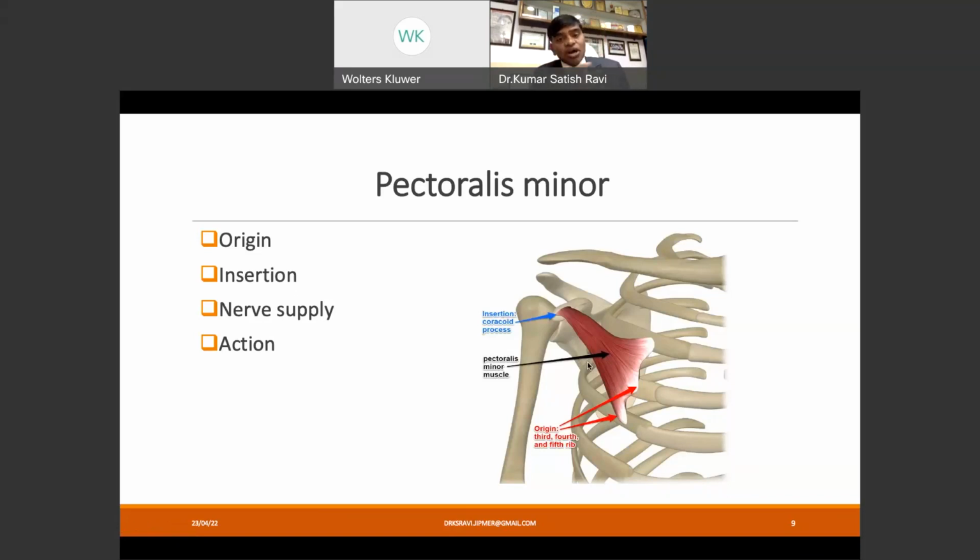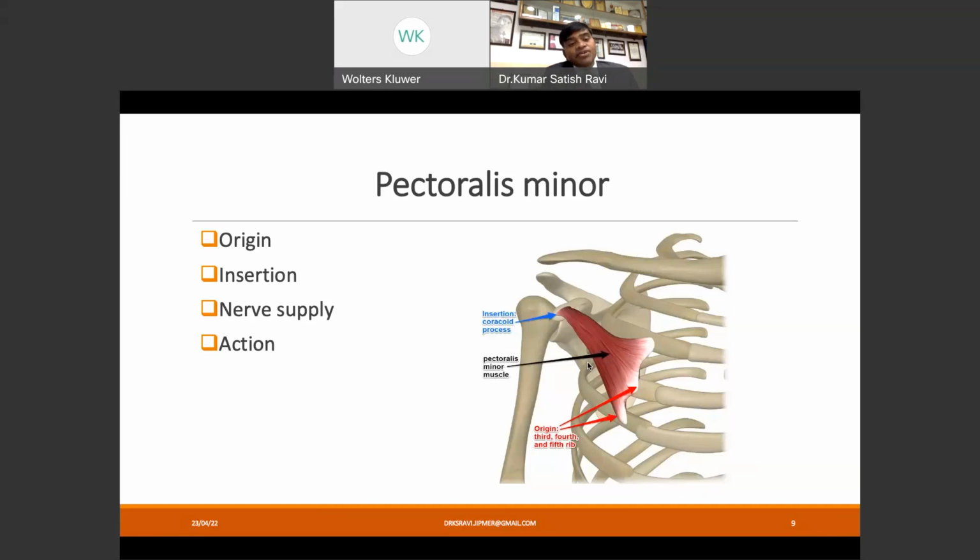Now, when we talk about the origin of the pectoralis minor, it arises from the upper margin and the outer surfaces of the third, fourth, and fifth ribs, and apart from that, the intervening fascia.